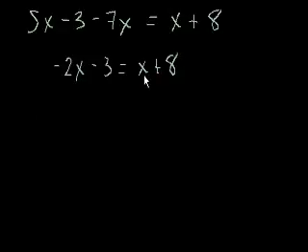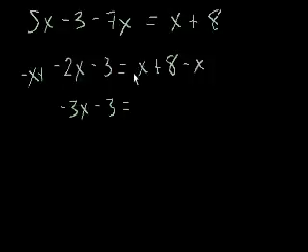Now, if we want to take this x that's on the right-hand side and put it over the left-hand side, we just subtract x from both sides. The left-hand side becomes minus 3x minus 3 is equal to, these two x's cancel out, it's equal to 8. Now we can just add 3 to both sides to get rid of that constant term.